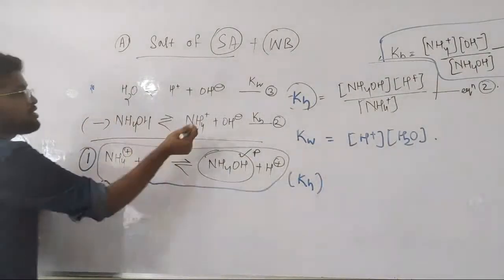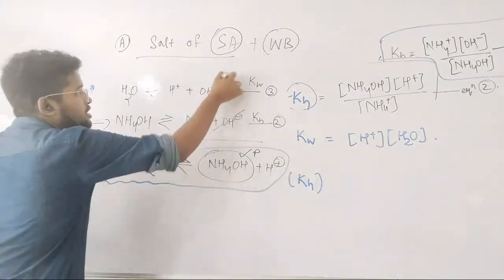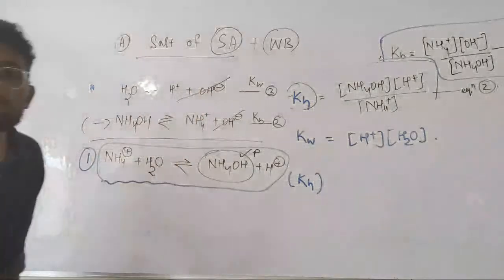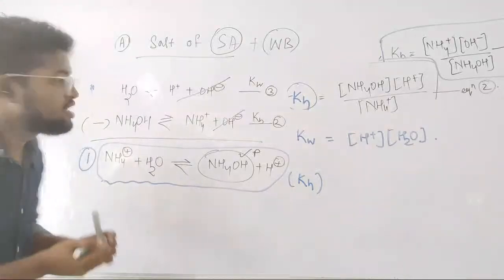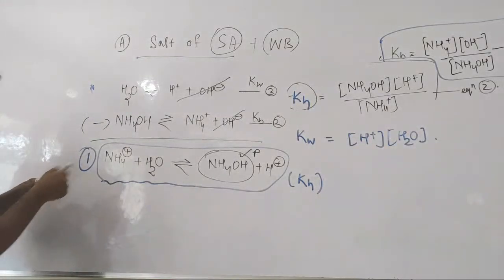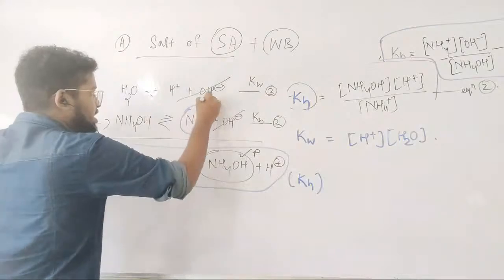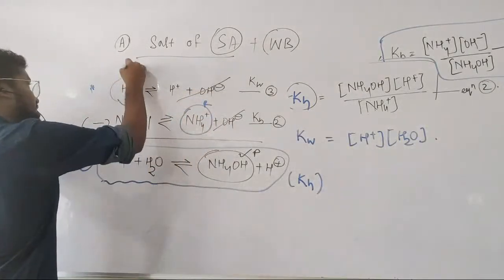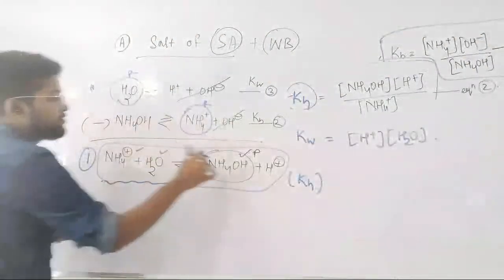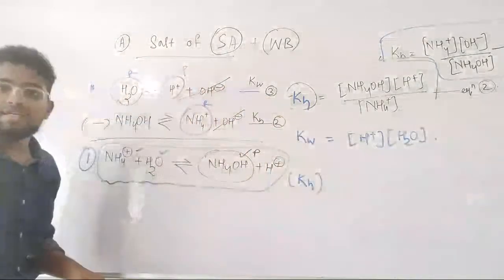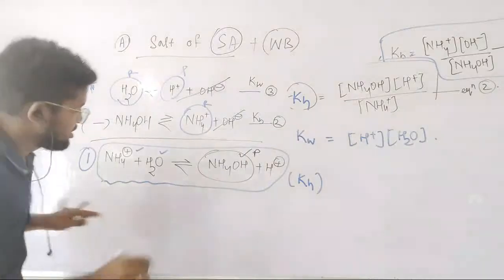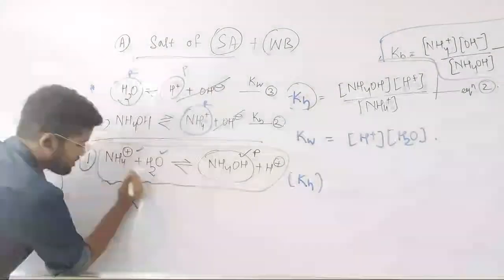If I reverse this, this OH minus will be cancelled out, and we will have NH4 plus as reactant and water as reactant, and NH4OH as product and H plus as product. Correct?